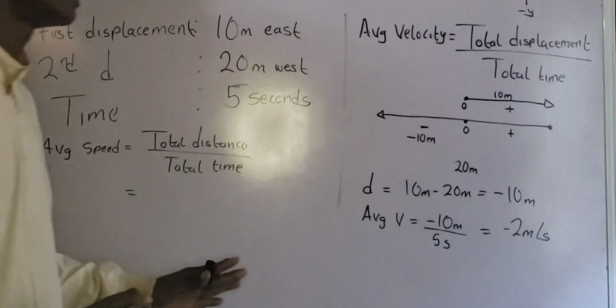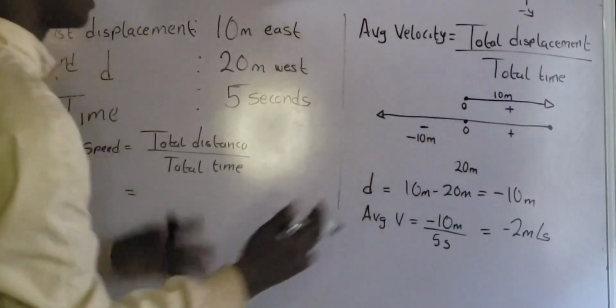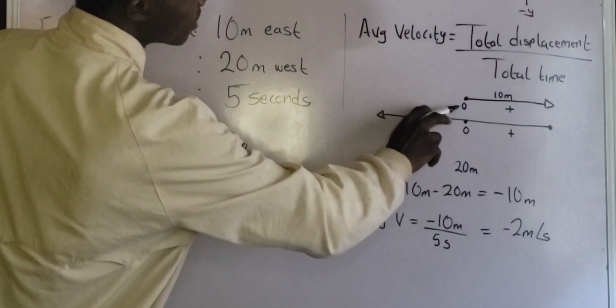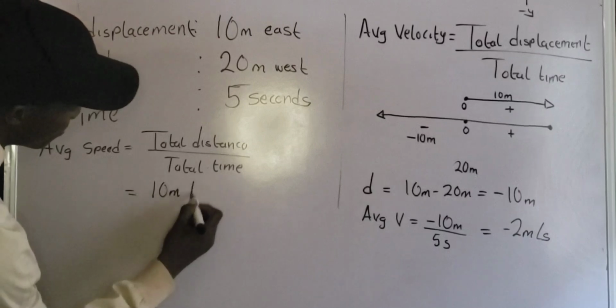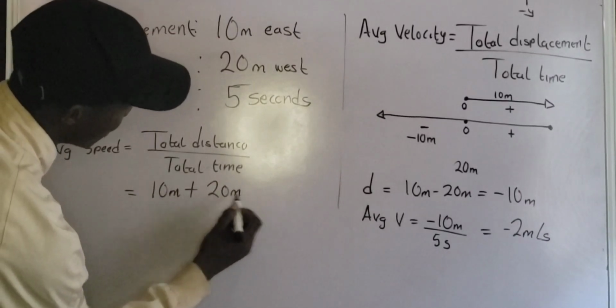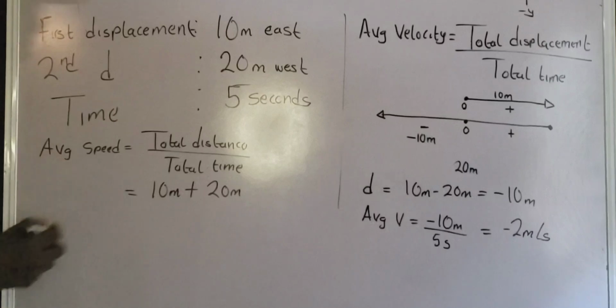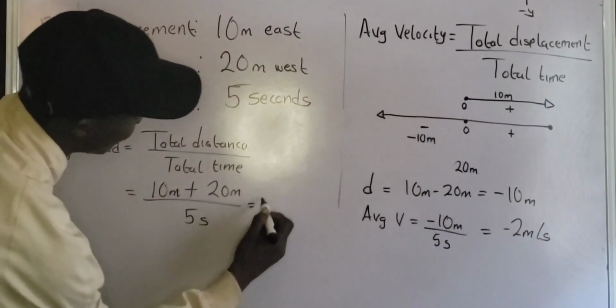The total distance is the distance that the object used to travel to and fro. You understand? That is the first trip that is covered by the object, which is 10 meter. The total distance is 10 meter plus 20 meter. Do you understand? 10 meter plus 20 meter all over the total time taken, which is what? 5 seconds.